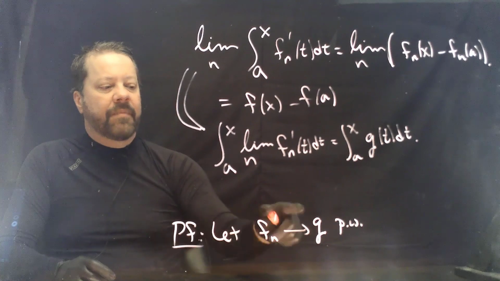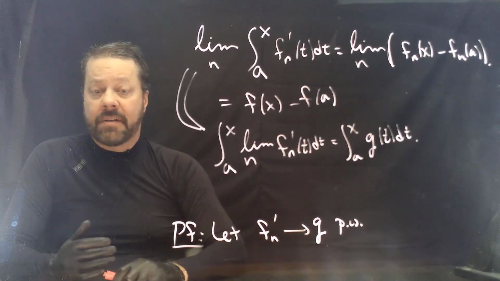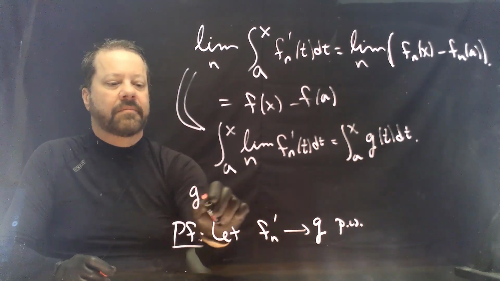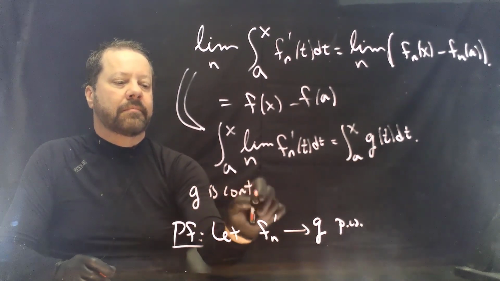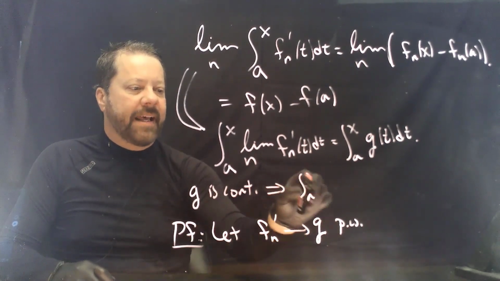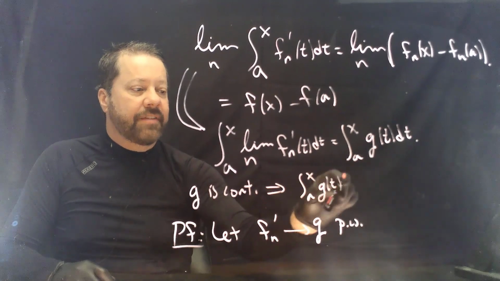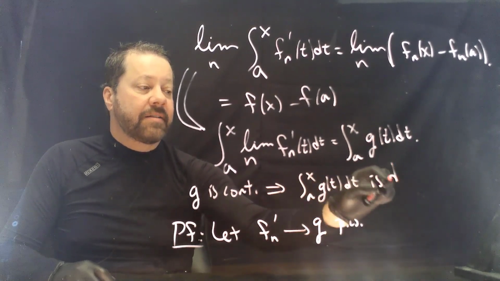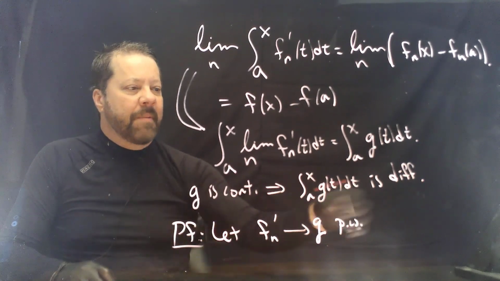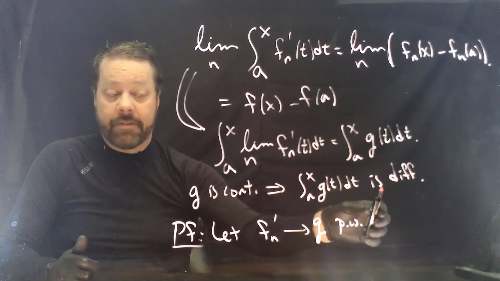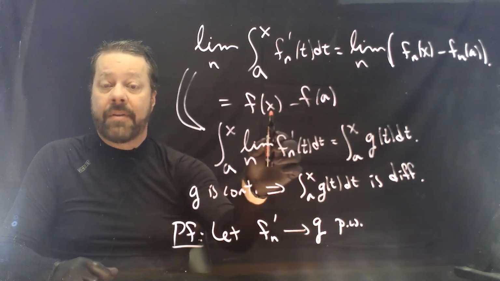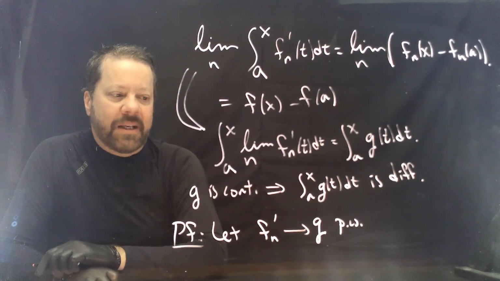Now remember, g is continuous by a previous theorem. And that implies that the integral from a to x, g of t dt, is differentiable. But remember, this differentiable function is equal to the difference between these two. This is constant. So this function, f of x, must be differentiable.